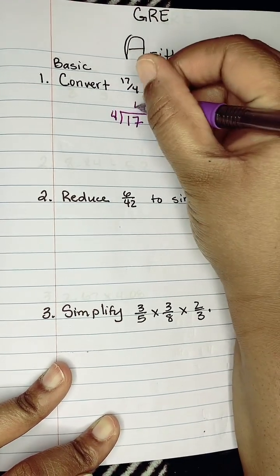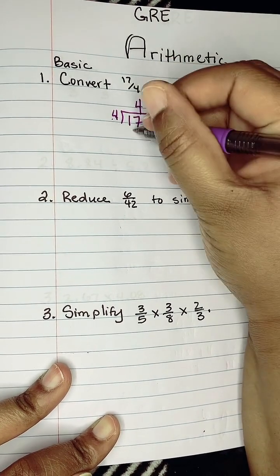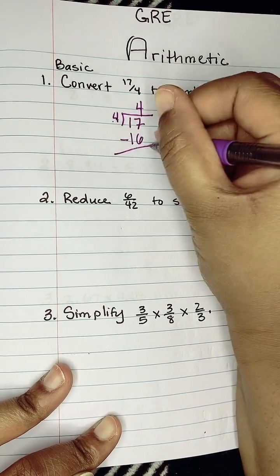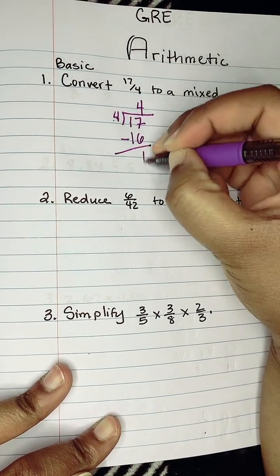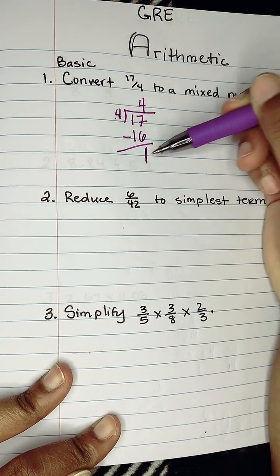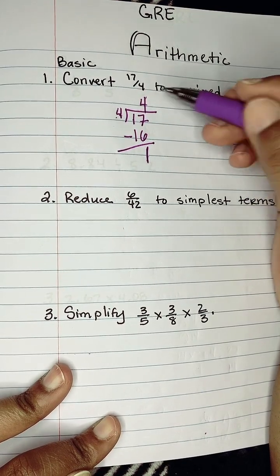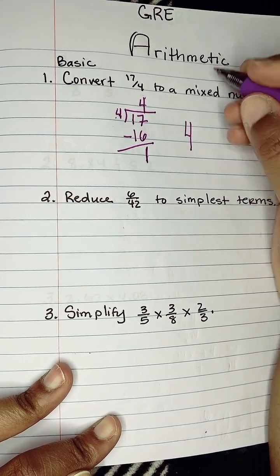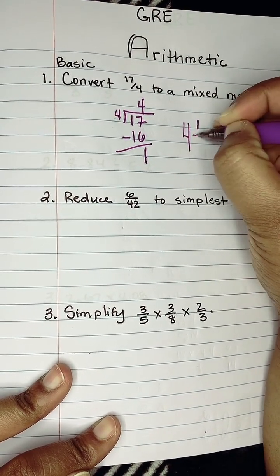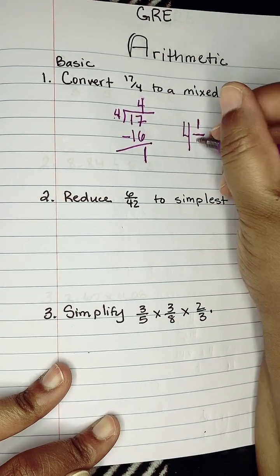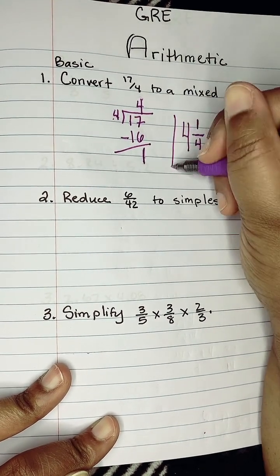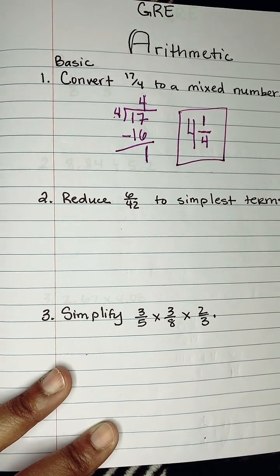And we're going to say 4. 4 times 4 gives us 16. We can subtract. 17 minus 16 is 1. So this is our remainder. How we write this as a mixed number, this is our whole number here. And then our remainder goes on our numerator, and what we divide by goes as the denominator. And so this is 4 1/4.